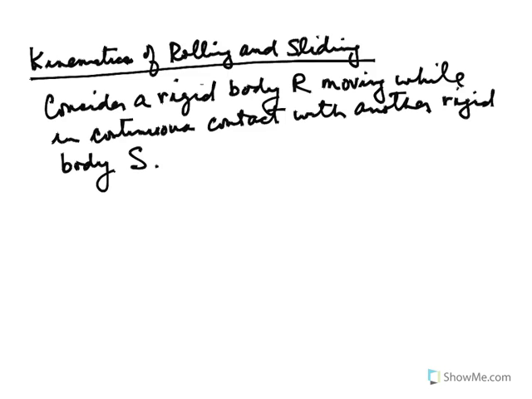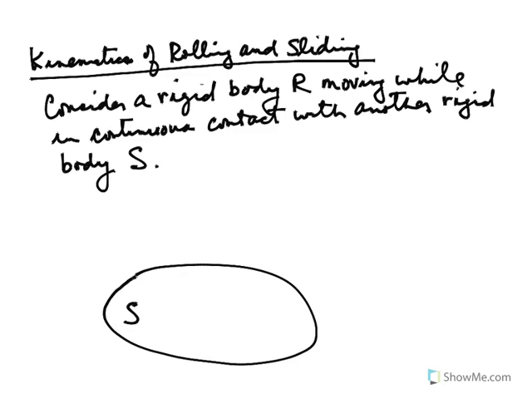We have this second rigid body, we'll call it S, so we'll start with S. Here's S. And then moving while in continuous contact with S is another rigid body, which I'll denote as R. Let's draw this a little better.